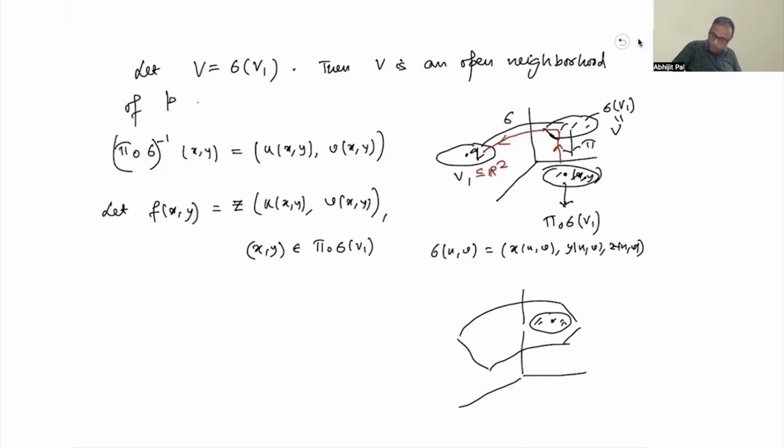So this patch is the graph of a function, z equals f of xy. So the coordinate of this point is xy comma f of xy. Here this xy is varying. Okay, so therefore we have proved the theorem. So we'll continue in the next class.